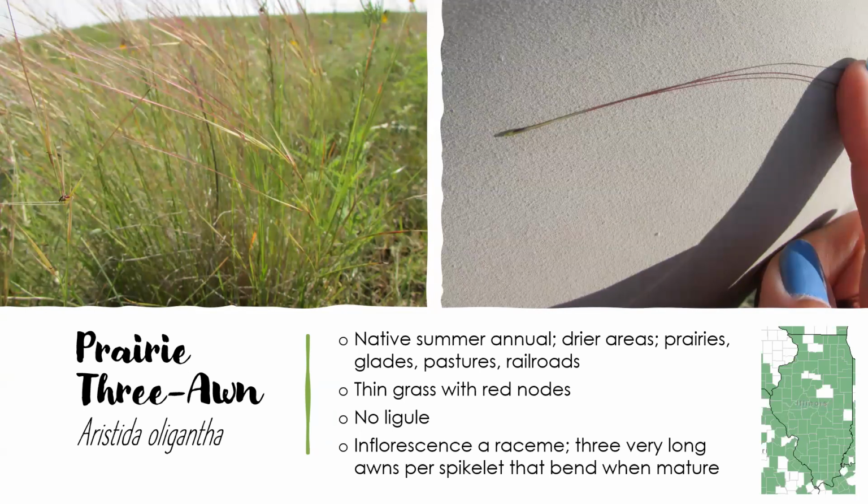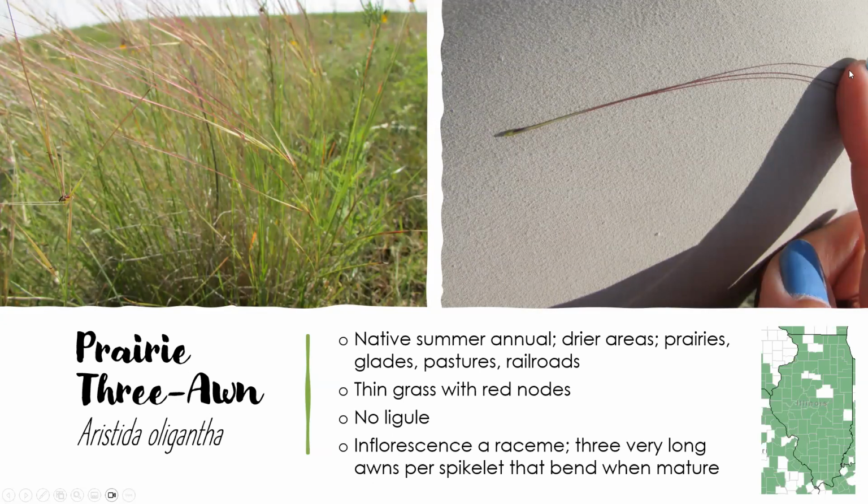And then the inflorescence would be described as a raceme. And in this case, each of the spikelets has 3 very long awns, and they bend when they mature. So here you can see an individual spikelet, and I tried to space out those 3 awns so you can see how long they are.